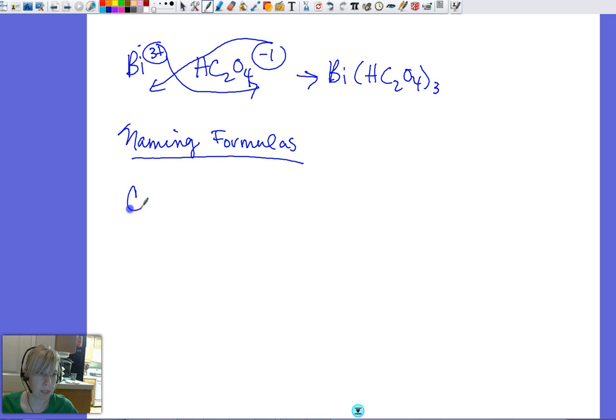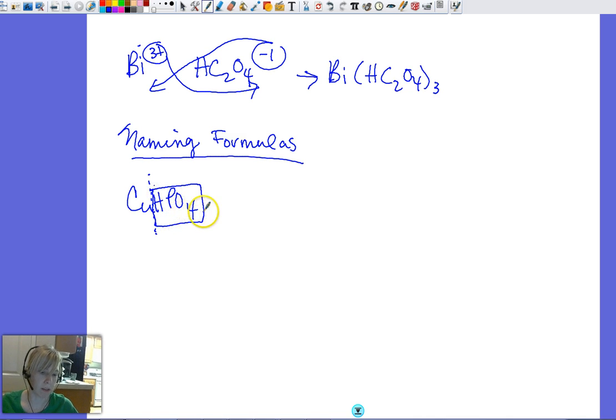Because our formula is HPO4, if you break this up into its ions, you need to know the charge on this to find out how to name it. So look up the charge for HPO4, since it's only going to have one charge.